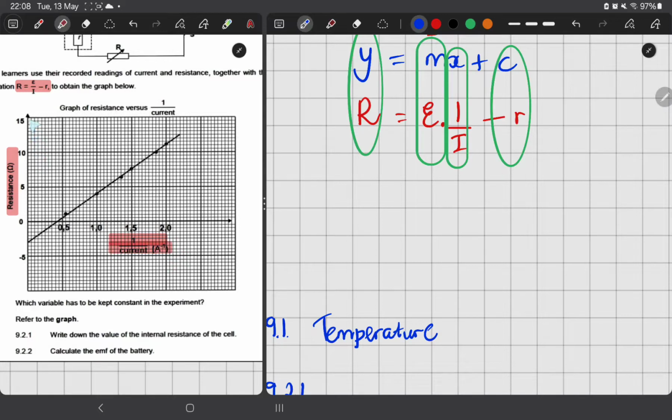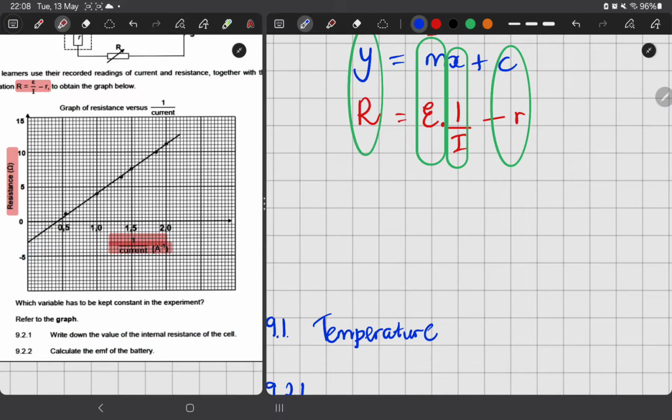And if you go back to your graph, this is where your current is equal to 0. That's when you know that when my x-axis is equal to 0, y will equal the constant. So that means the constant will be this value right here. And if you count, it's moving with 0.5: 0, 0.5, 1, 1.5, 2, 2.5, 3. So this will be -3 since it's below the 0 there.